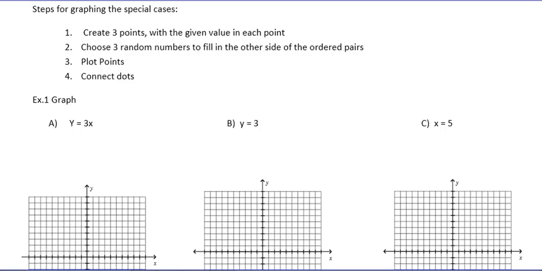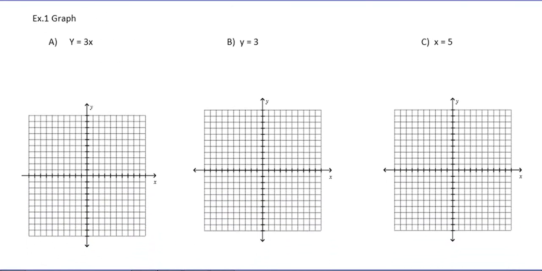So when we look at example 1, the question to ask yourself is: is this a special case? When I look at A, I see an x right here, and I see a y right here. This is not a special case. This is a regular slope-intercept form graph, where the slope is 3 over 1, and the y-intercept is (0, 0).